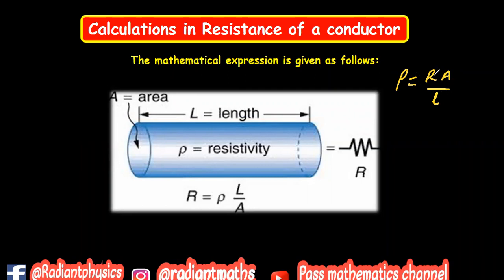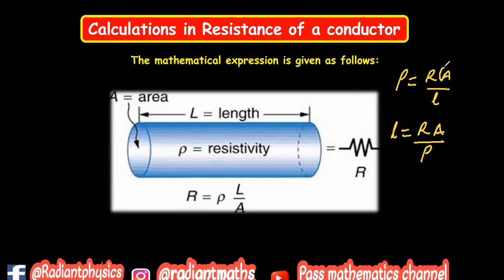And then what if you are asked to find the length of the wire from a given question? So make L the subject of the equation again, that is, write out your letter L, and you are going to have something like this, and then you are going to have resistivity here. What we are doing here is we cross multiply to get the value.